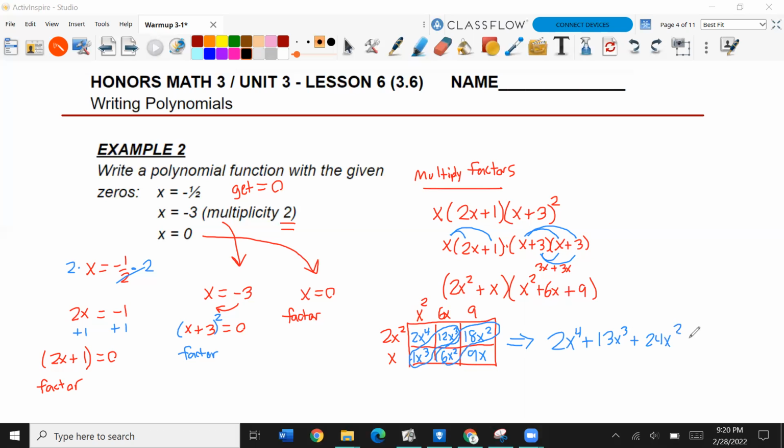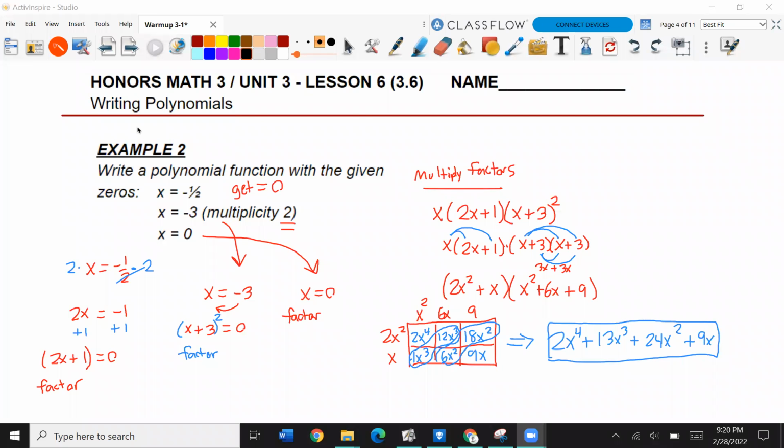And finally, I have my 9x on the outside, and that should take care of everything. And that is my polynomial function. That is my completely simplified answer. I will box that in, and I am done with that problem. So I've written the polynomial with those roots. You go ahead and try your turn to follow.